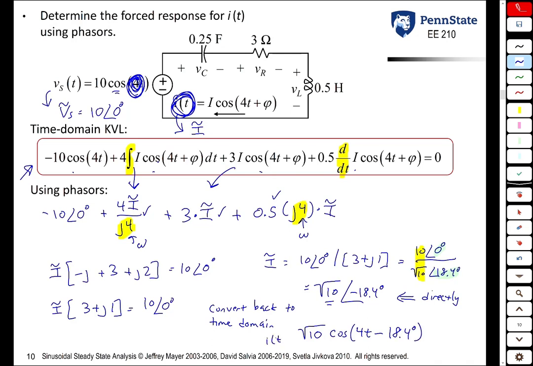And this becomes our I of t. And of course, square root of 10 is 3.16.